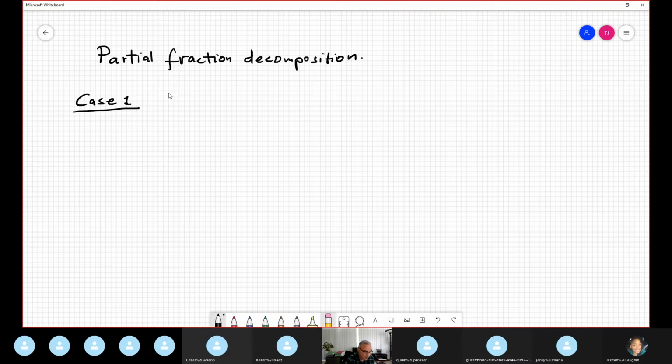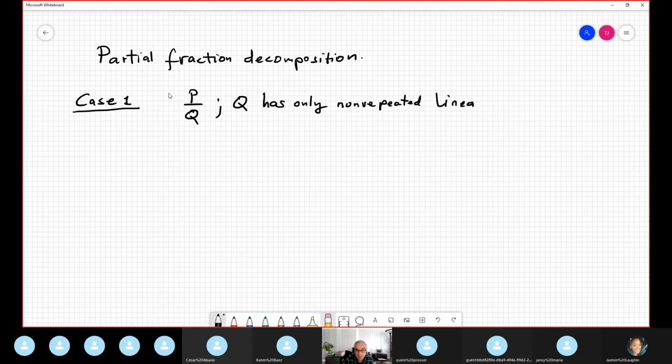It's a case that we solved in the first example. I use it like a motivation example. And you have P over Q representing a rational expression, no? But Q, the important thing, the denominator part, has only non-repeated linear factors. In the case that we discussed at the beginning, no?